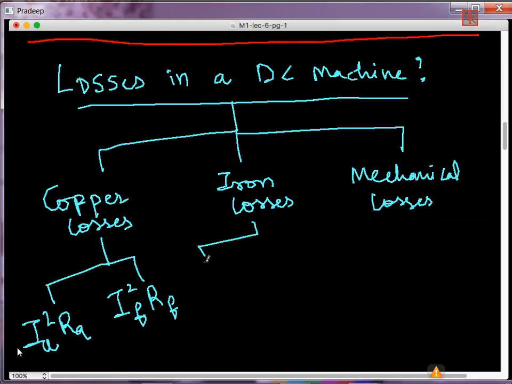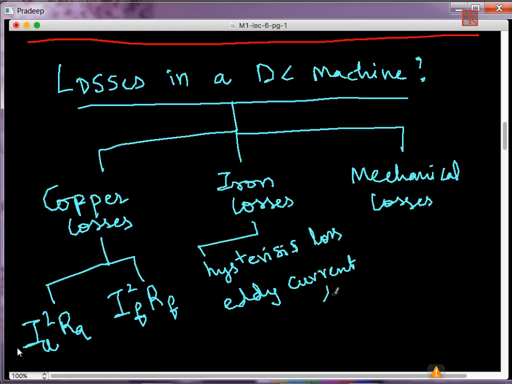One is hysteresis loss and the other is eddy current loss. So these are the two types of iron losses that appear.